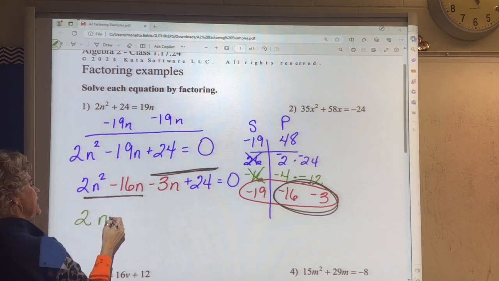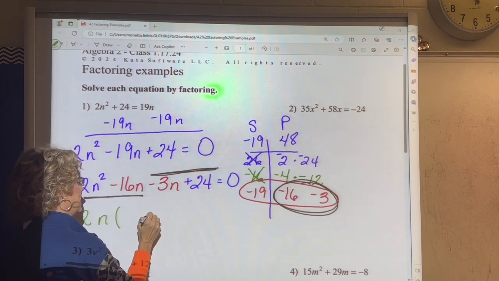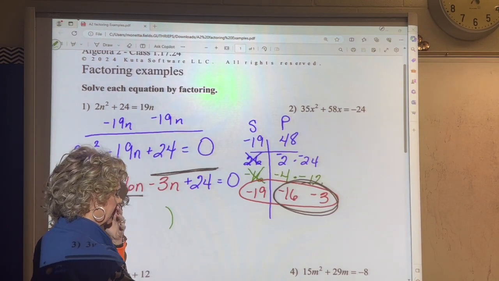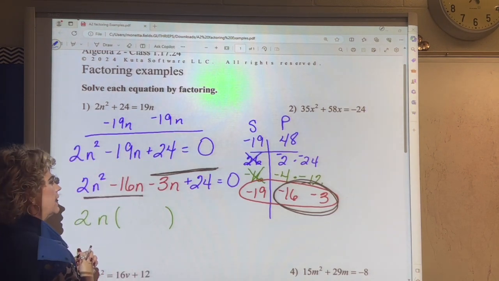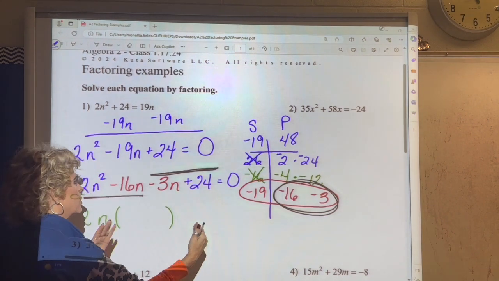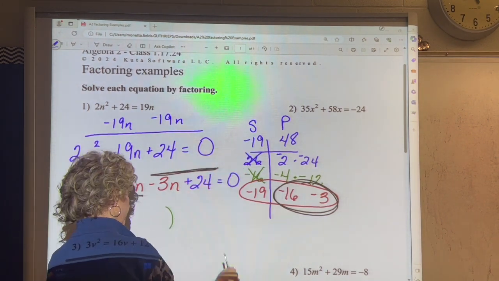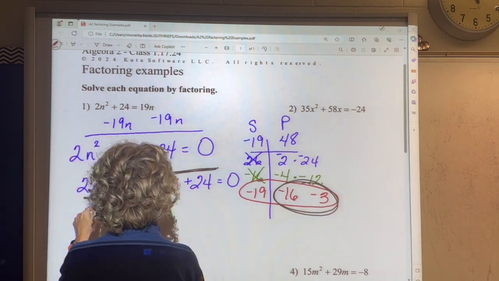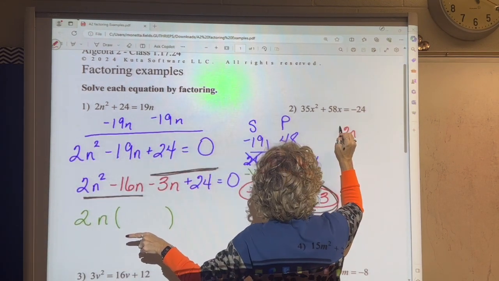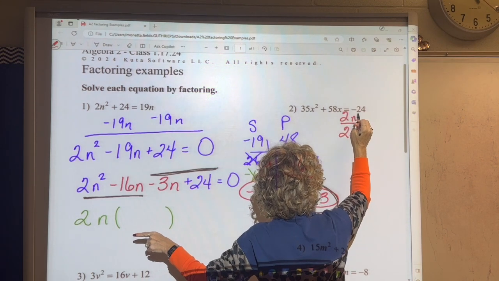I'm dividing that out. So when I divide it out, I'm going to put my little parentheses. For explanatory purposes only, I'm showing you what we're doing. So I'm going to go over to the far right, and I'm going to do it in red. Technically, I'm taking 2n and dividing it into 2n squared.